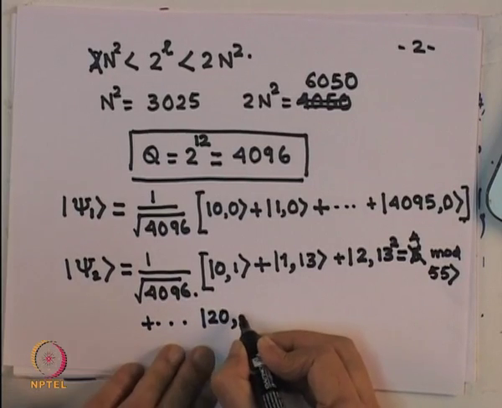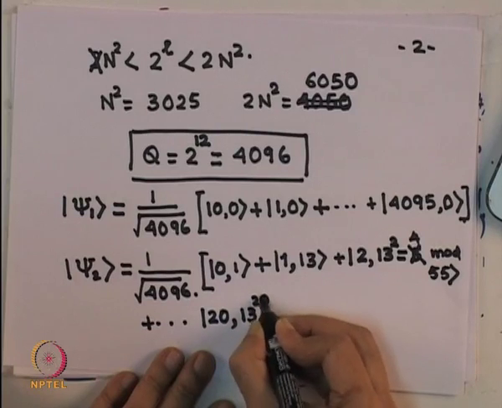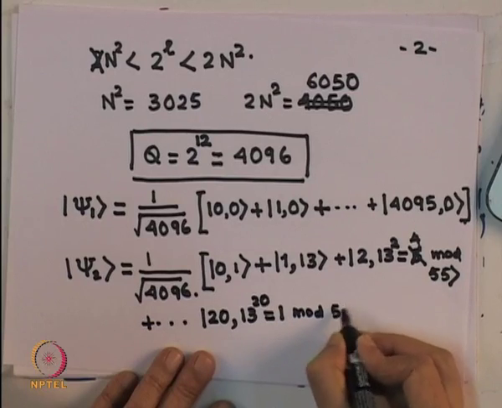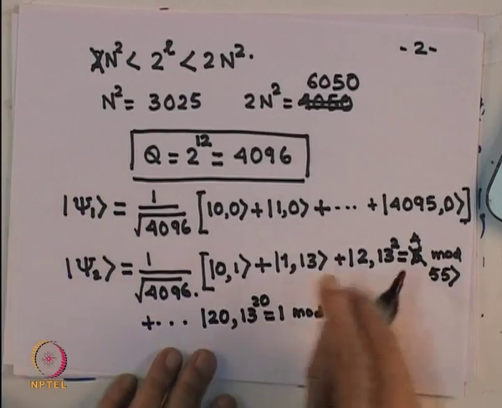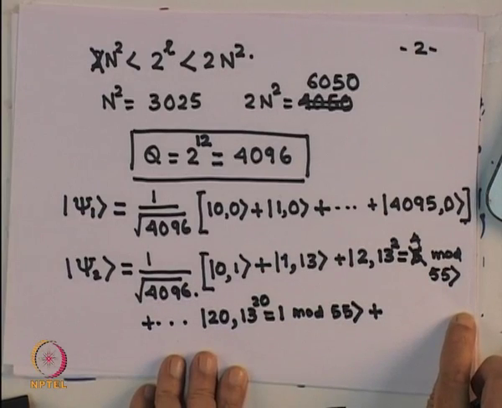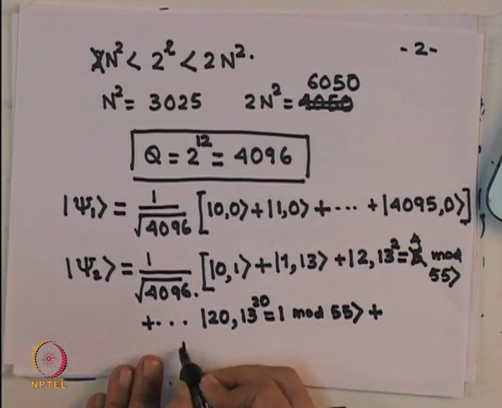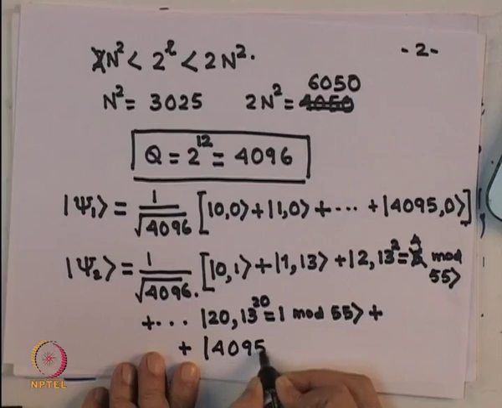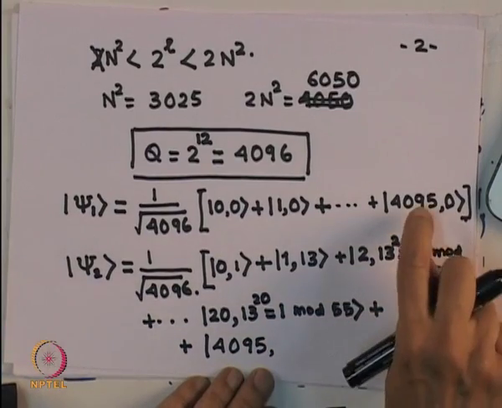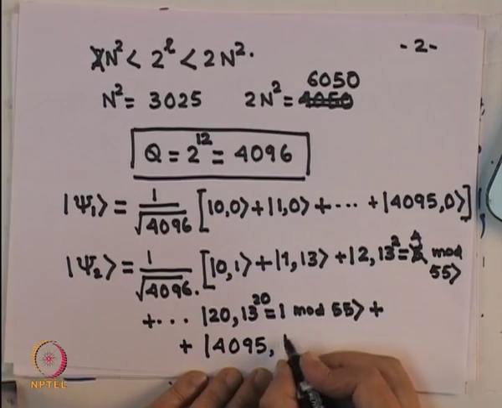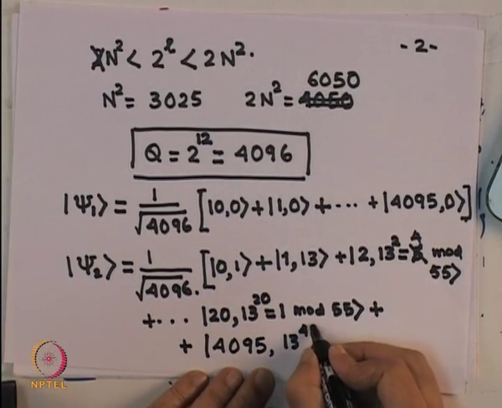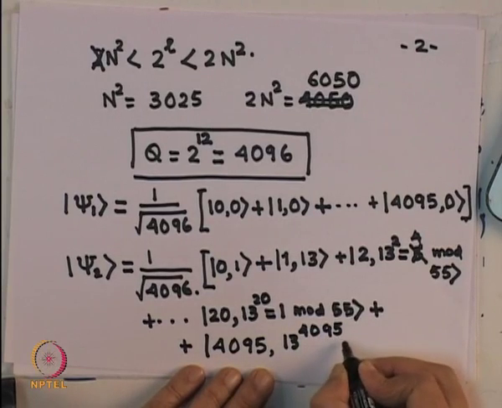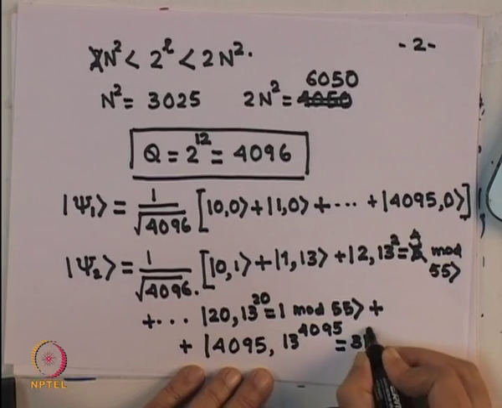Then the second register is 13 to the power 20, which we have seen equal to 1 mod 55. And then my entire series from here starts again. And finally, I will get to the last state, which is 4095, comma 13 to the power 4095. And this will work out to, I think, 31, but you can check it.